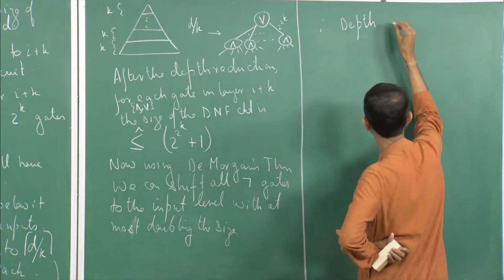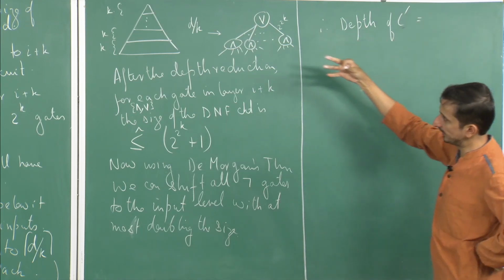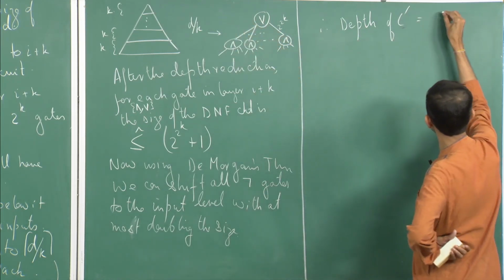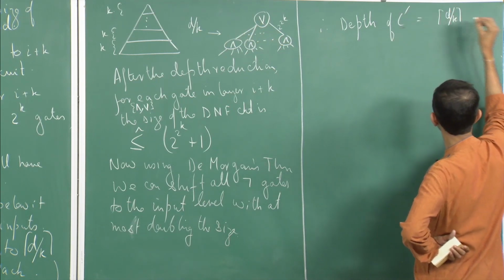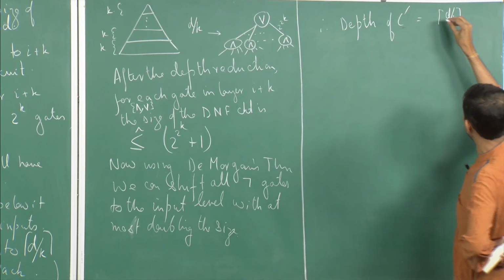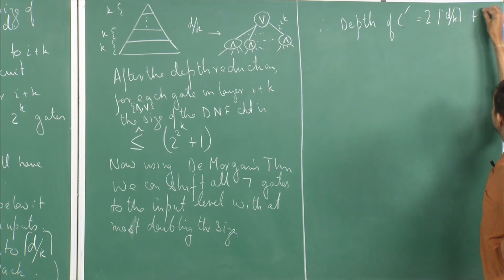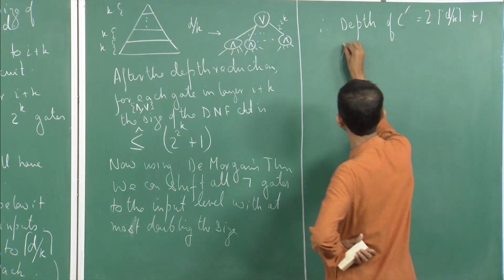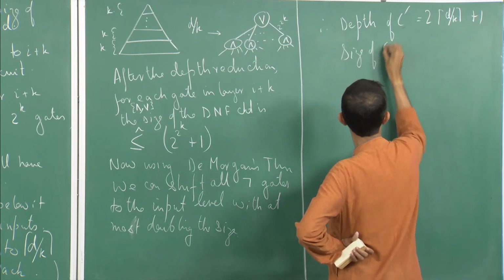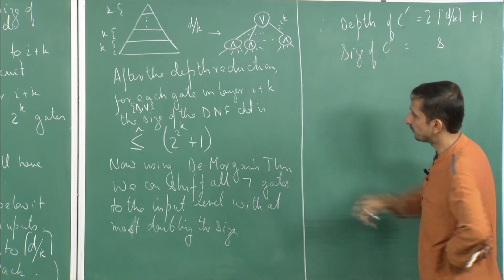So, therefore, what is the depth of C prime? There are D by k blocks, so for every block I have 2 layers now, and then finally, I have an additional layer at the bottom of NOT gates. So, this is the depth, and for the size, I am doing this for every gate.